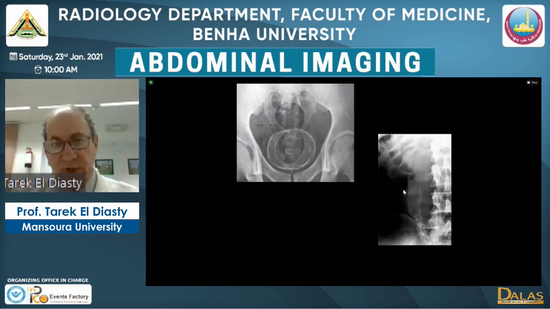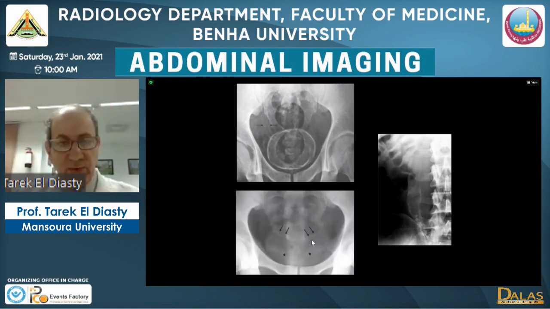This is bilharzial calcification of the lower and middle ureter, and here also calcification in the bladder and seminal vesicle, and this is calcified seminal vesicle and calcified vas deferens. This never occurs up in the kidney like tuberculosis.